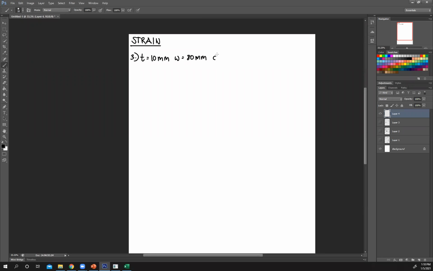Inner diameter, let's call that D sub I for inner, 1,500 millimeters. Okay, so that's all for the tire. Then for the wheel, let's call that D sub W for wheel, 1,500.5 millimeters. Then we had a coefficient of static friction, 0.30.